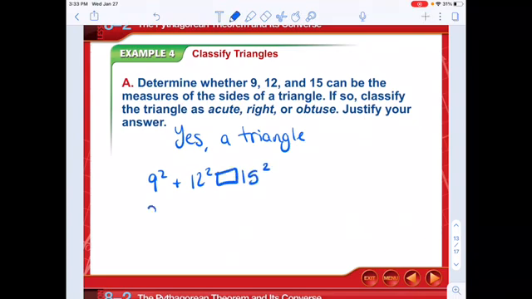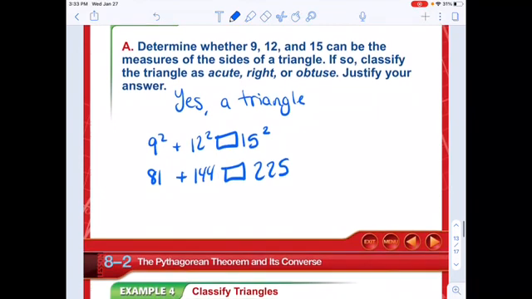So we have 81 plus 144 is something 225. So 144 plus 81 is 225. So because these are equal to each other, this is a right triangle.